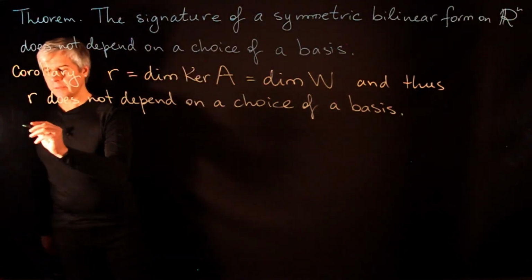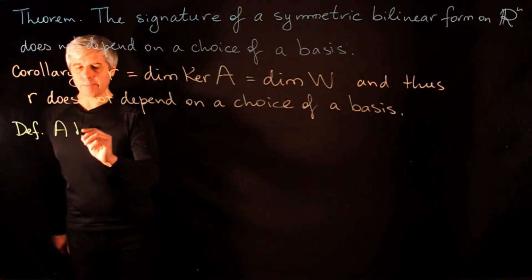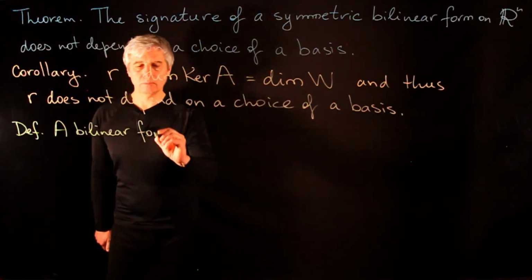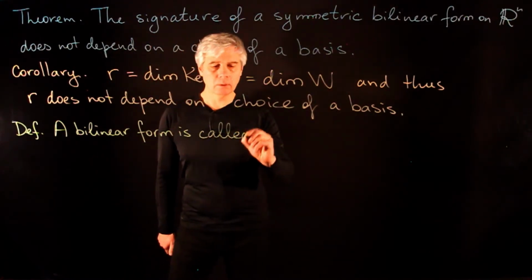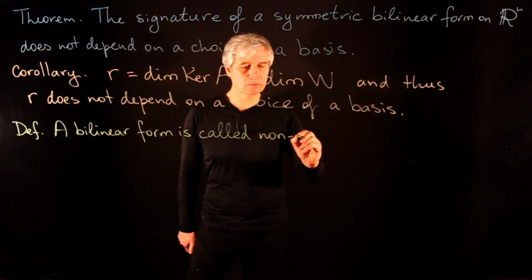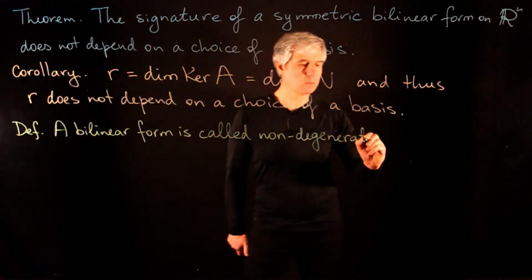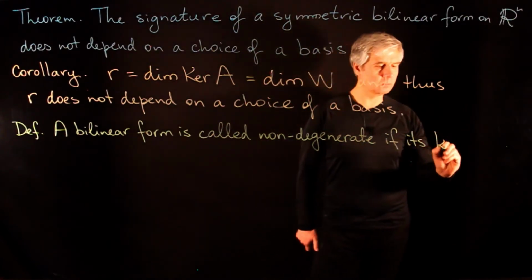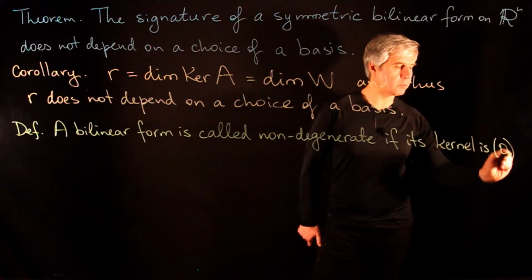We give another definition. A bilinear form is called non-degenerate if its kernel is the 0 subspace.